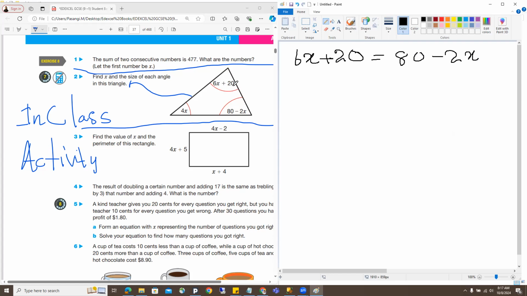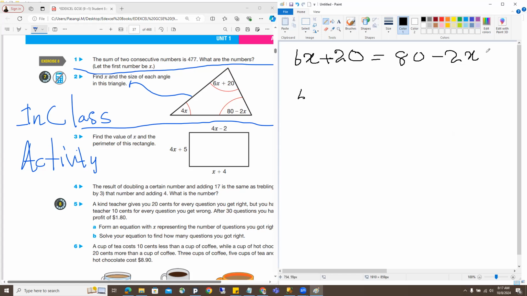But we know that all the interior angles of a triangle add up to what? 180 degrees. Very good, 180.